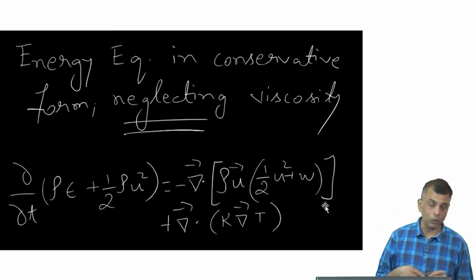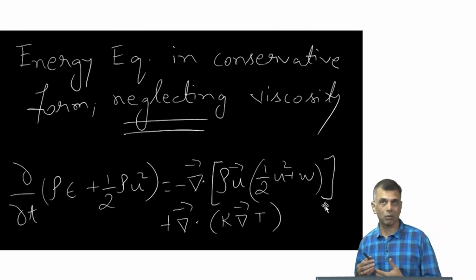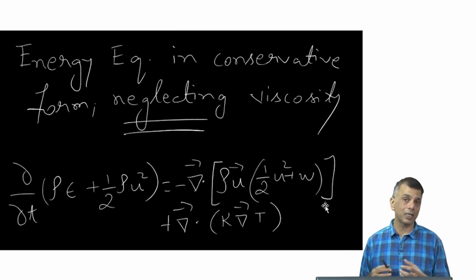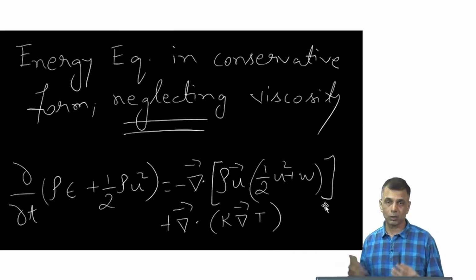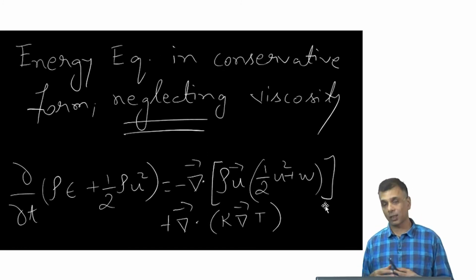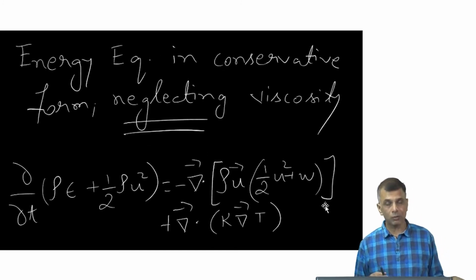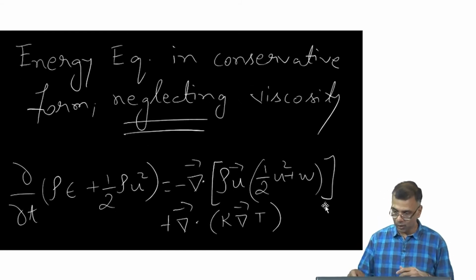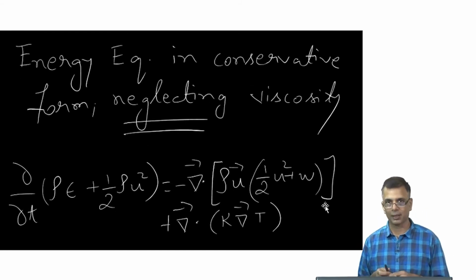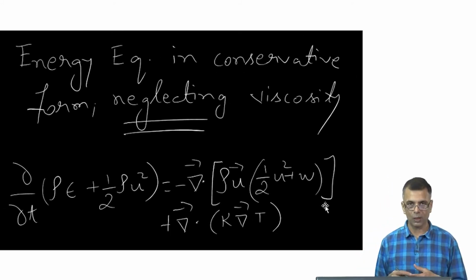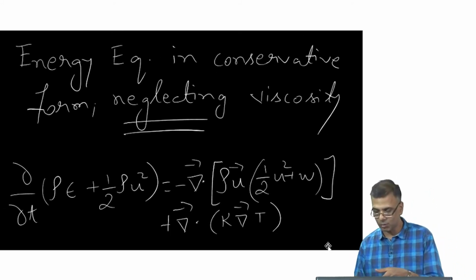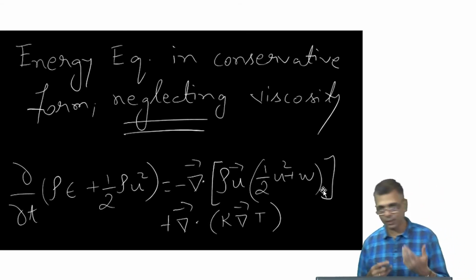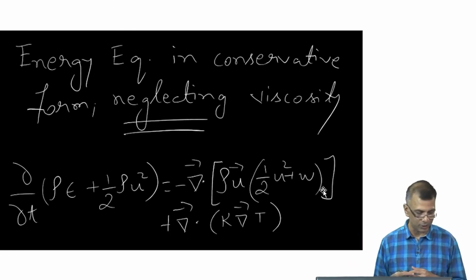For instance, suppose there were chemical reactions as the fluid was flowing, exothermic reactions. That's not a dissipation, that's a generation of energy, and you will be able to account for that on the right hand side just like that. Just like viscous dissipation, you would do the same thing on the right hand side. Okay, so that's it really. This is yet another way of writing down the energy equation.